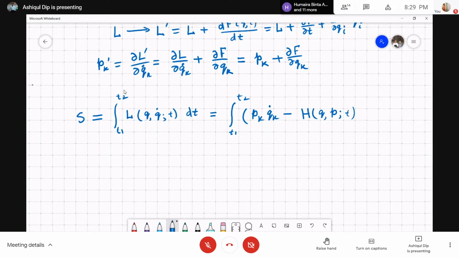Same thing here, we need not write H of QK, PK like that. This is sufficient.